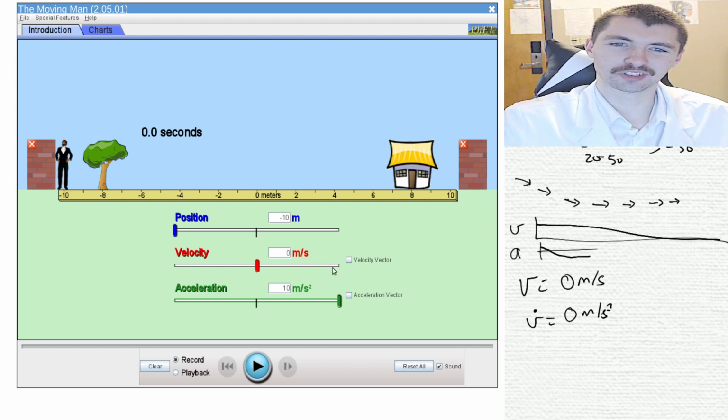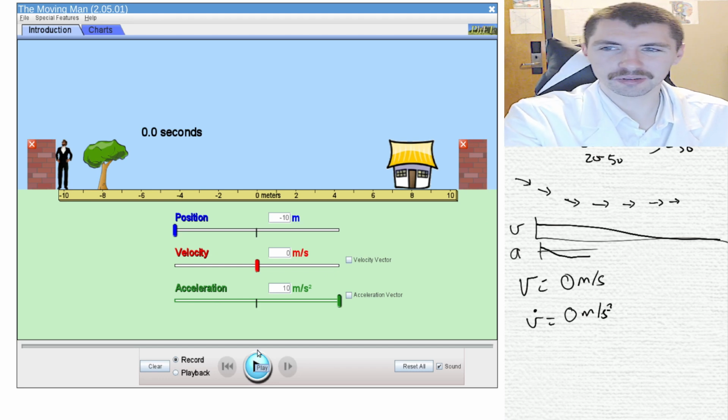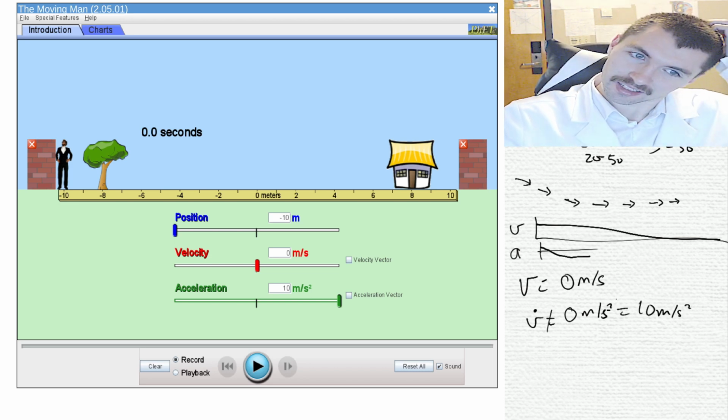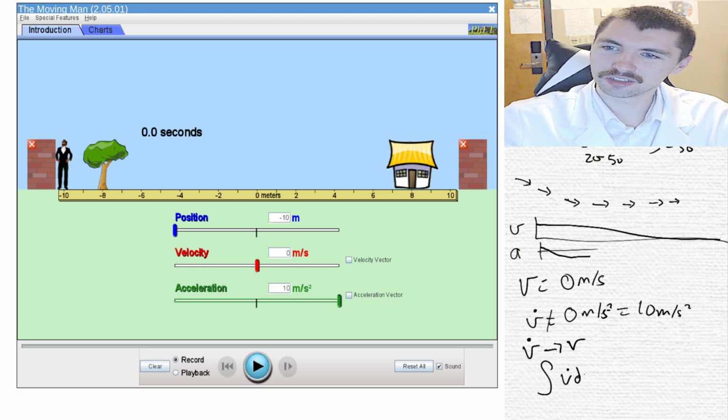So over time, he shouldn't be moving. Okay, maybe I'm wrong. We're actually saying it's 10 meters per second squared. So how do you go from this to this? You do something called the integral of a dt.